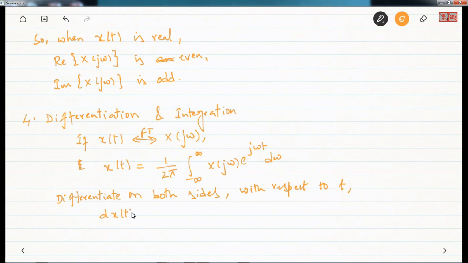So what happens? dx of t by dt is 1 by 2 pi integral from minus infinity to plus infinity X of j omega e power j omega t into j omega d omega, because the differentiation of e power j omega t is e power j omega t into j omega, right?